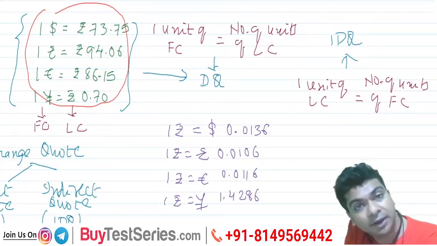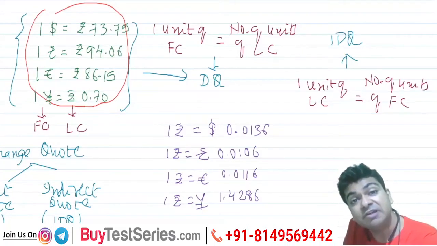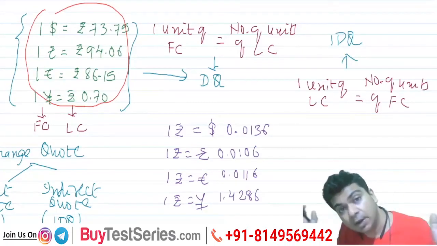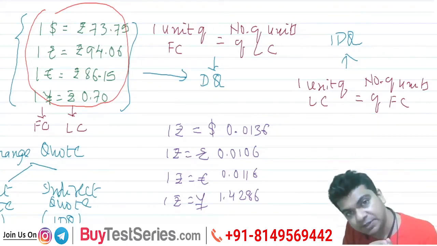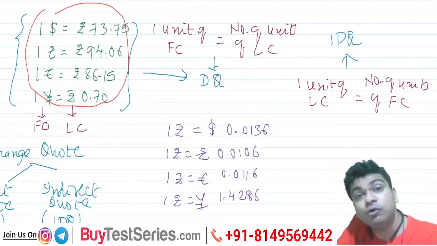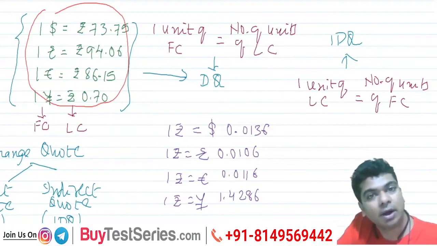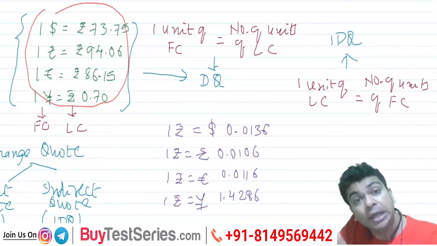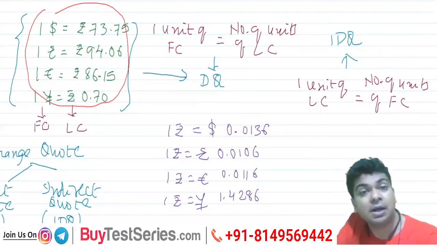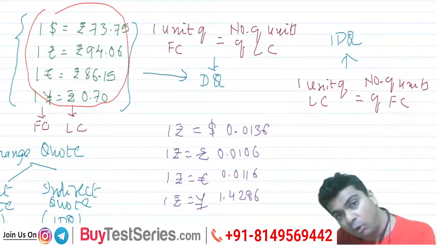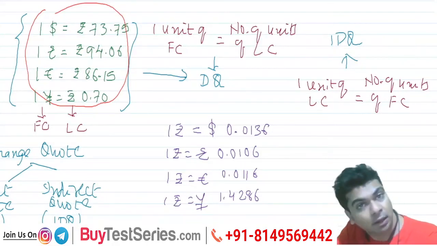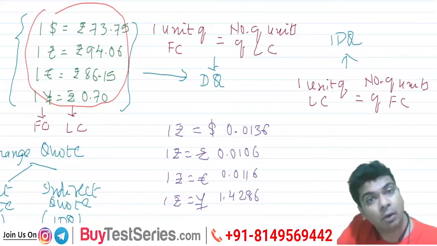By international currency, I mean those currencies in which the majority of international trade takes place. In India, if you are a manufacturer and you are exporting, you will not bill your international client in Indian rupees. You are going to bill the client in either dollar, or maybe pound, or maybe euro.